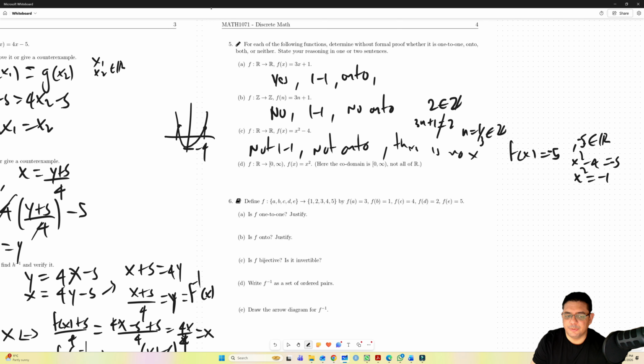x squared from the real numbers to 0 to infinity is an entirely different matter. The codomain is 0 to infinity, not all the real numbers. And if we go from f of x equals x squared, it's like we're only taking half of this. So f of minus 1 is equal to f of 1, which is 1. So this is definitely not one-to-one. Now, it is onto because you can take all the values from 0 to infinity.